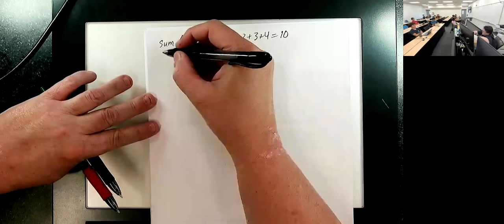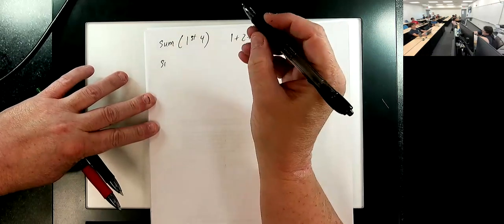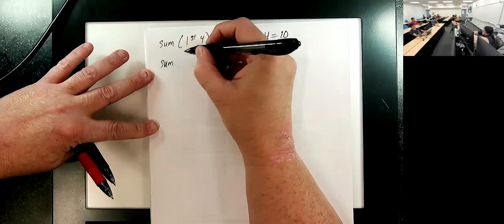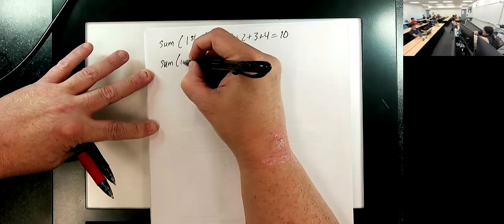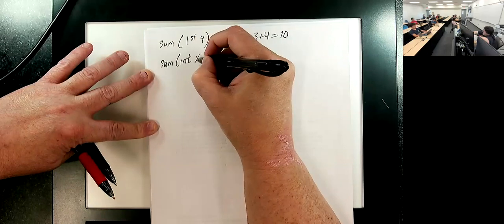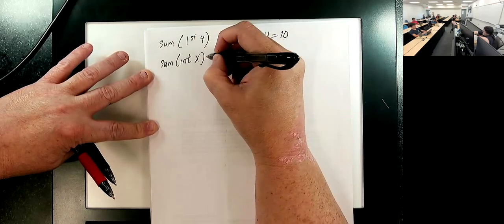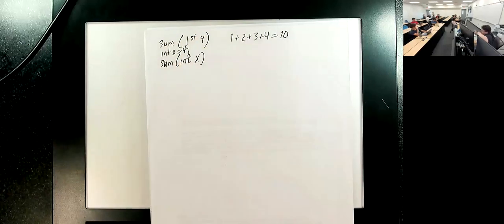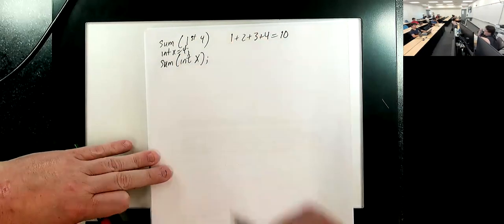Let's say we're passing the number of terms we want in, so we do sum and pass in int x, where x = 4. So we're telling it to find sum 4.